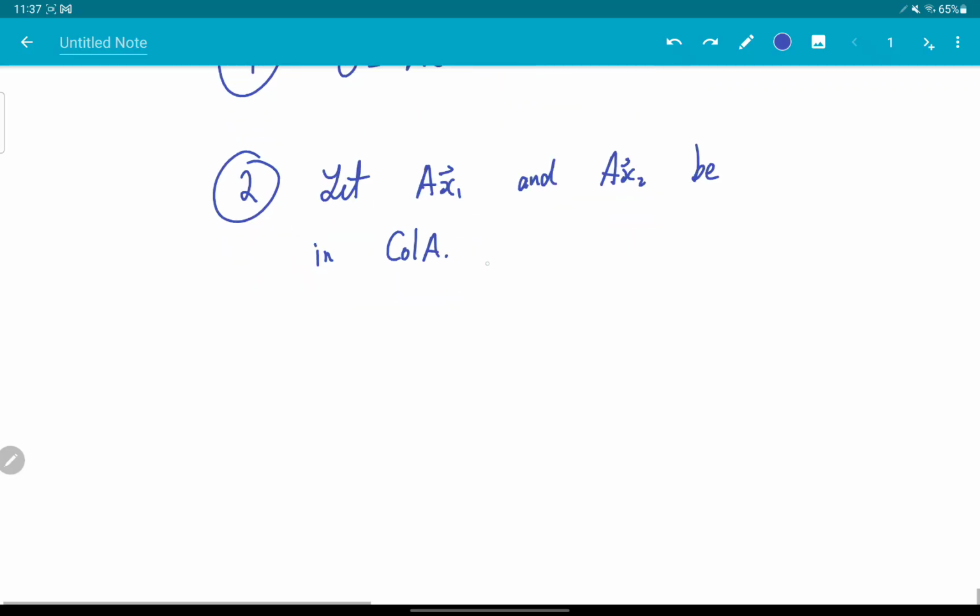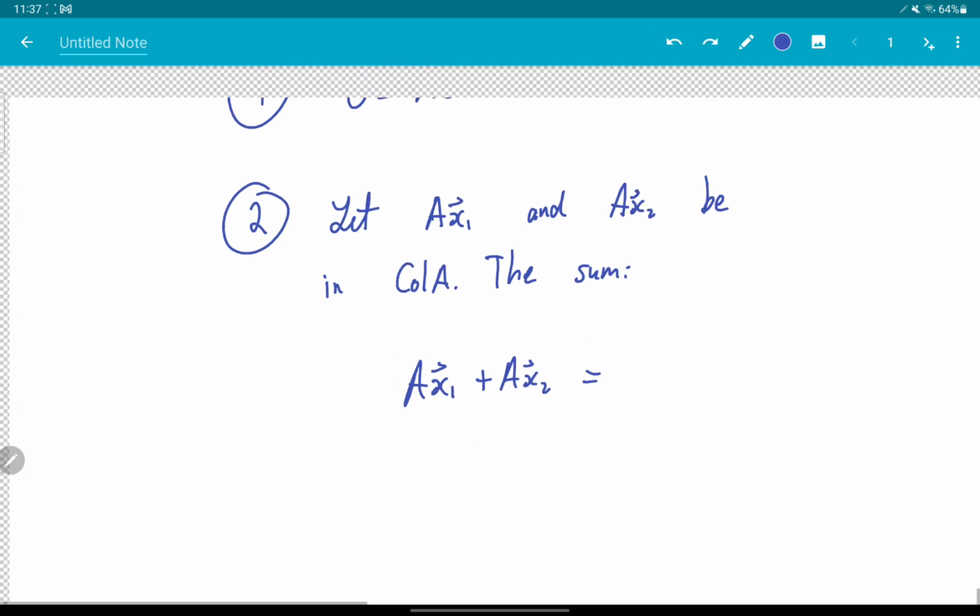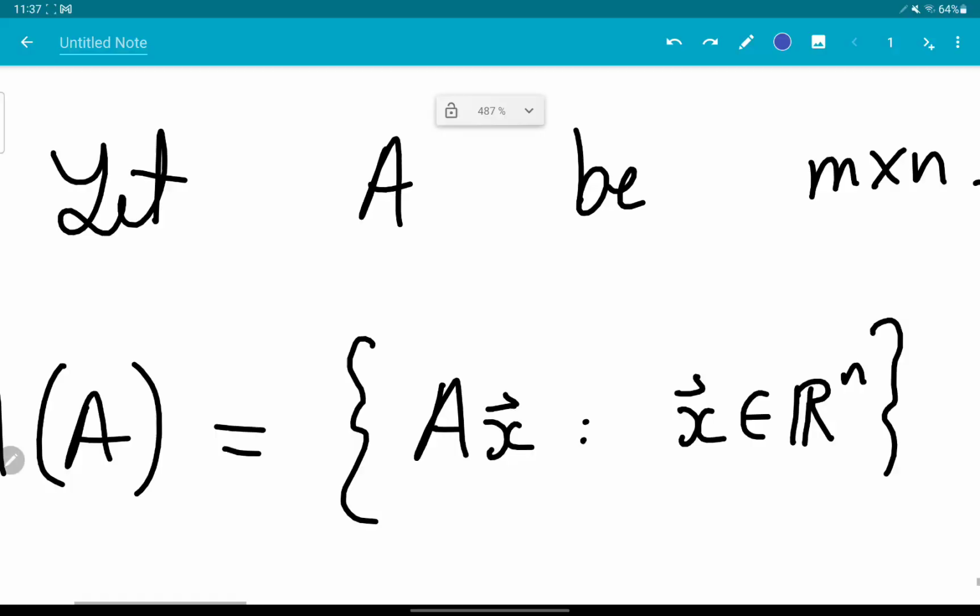Now when I add them, what do I want to do here? I want to show that this is in col A. How do I do that? Well, I show that it's of this form.